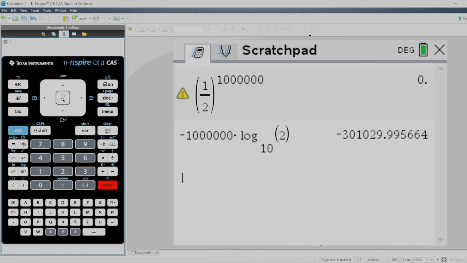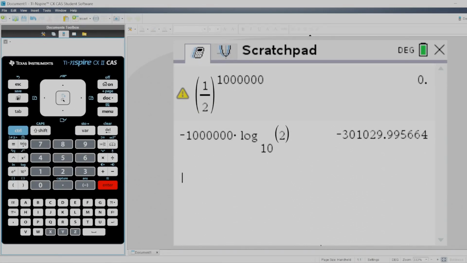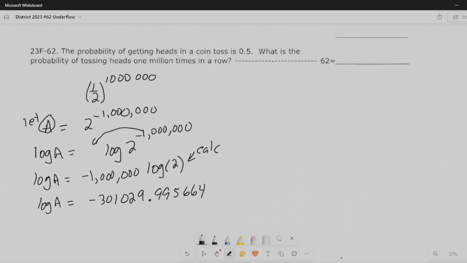So log of A, remember we're searching for A, is equal to negative 301,029.995664. Let me take a quick look. It's 5. Good.